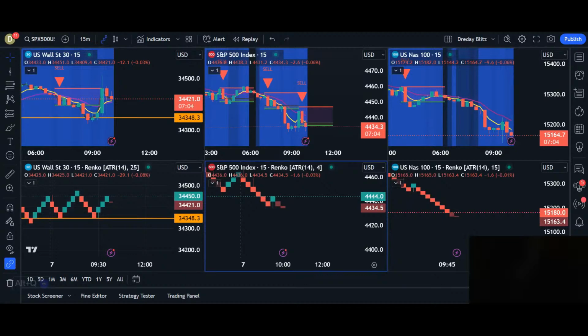Okay. So we have a question here from Leon: please explain where to put the stop loss on the NASDAQ signal on Renko.